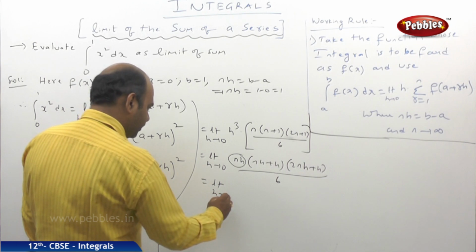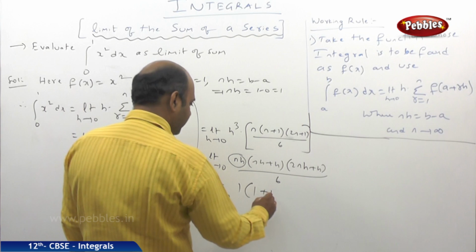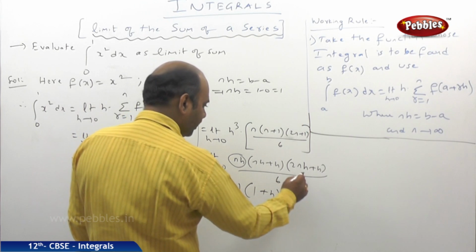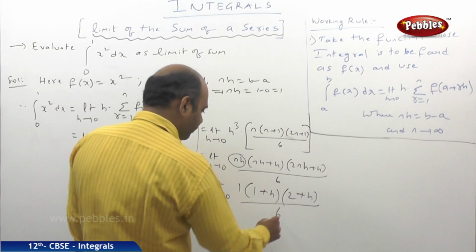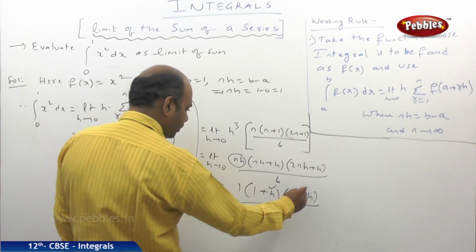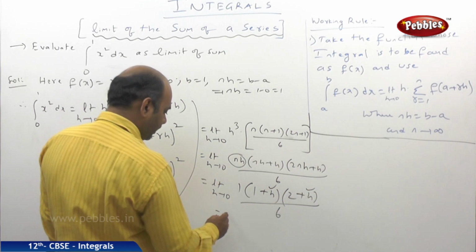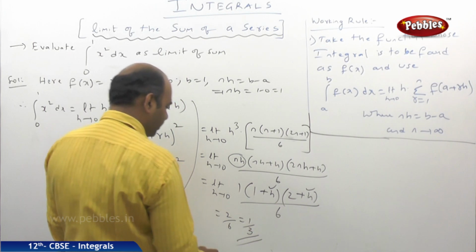So limit h tends to 0, 1 here, and here 1 here, and here h, and here 2 into 1 means 2 plus h, whole divided by 6. But now limit h tends to 0, so this becomes 0, this becomes 0, so finally we will be getting 2 by 6, 2 by 6 means 1 by 3.